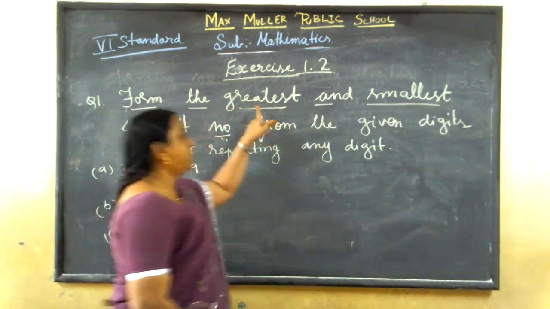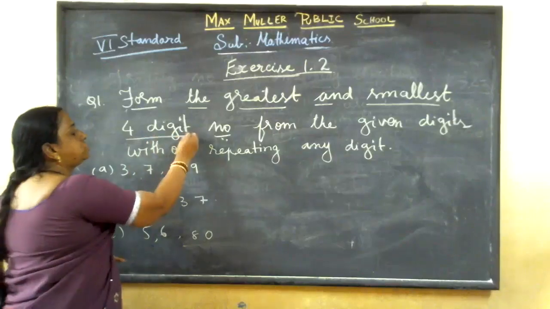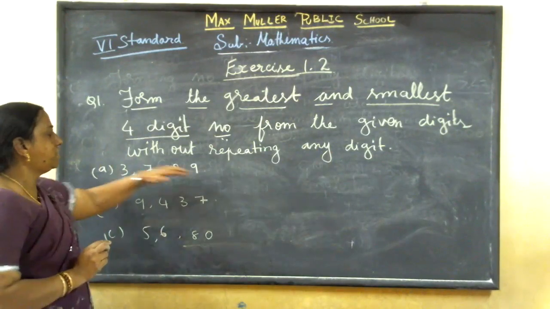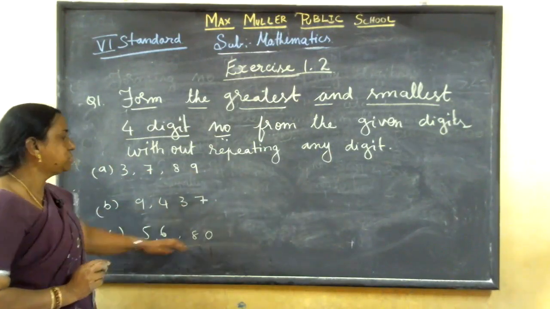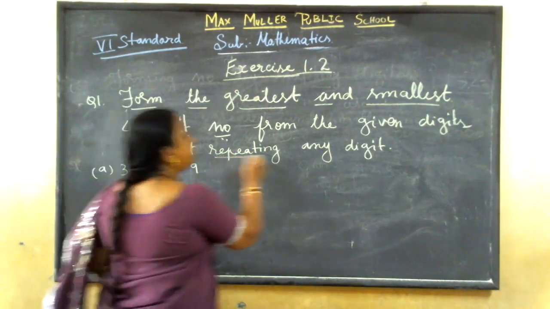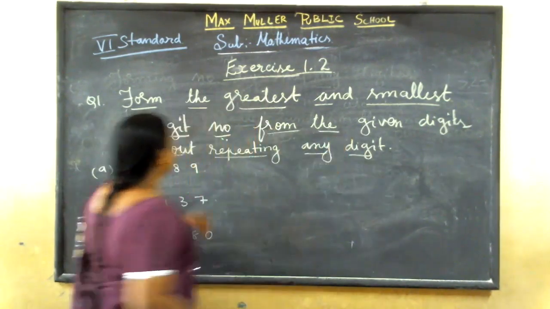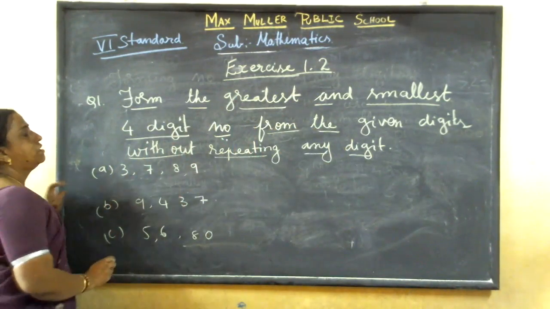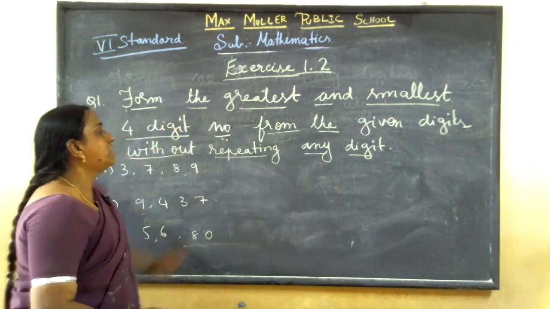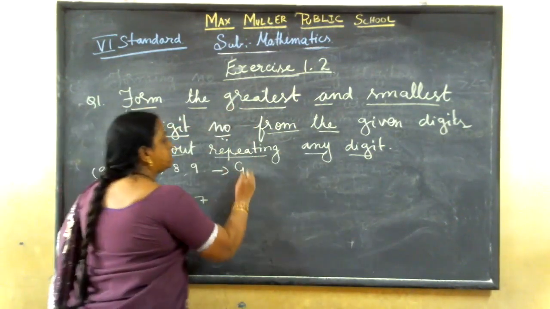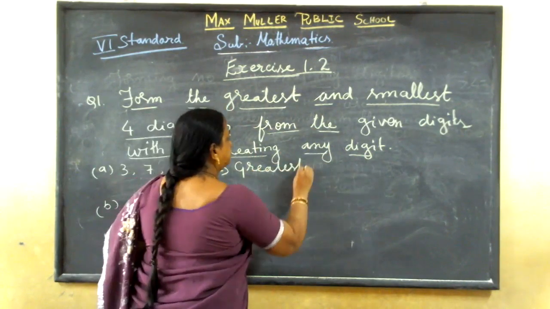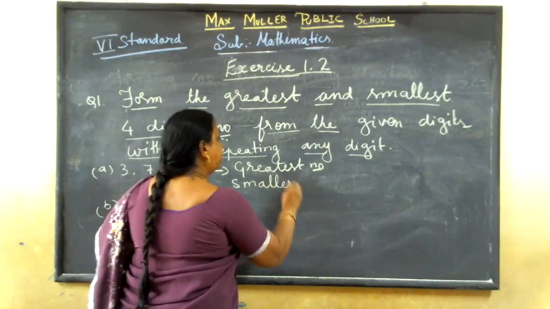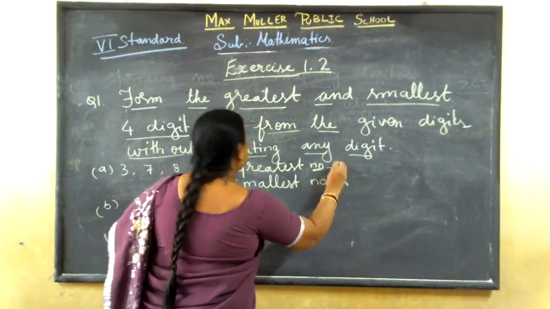You should form the greatest as well as the smallest 4-digit number from the given digits. They have given 4 numbers here. Without repeating any digit, so here they mention you shouldn't repeat. So 9 twice, 8 twice, like that you shouldn't take. You should form the greatest as well as the smallest by using these numbers.